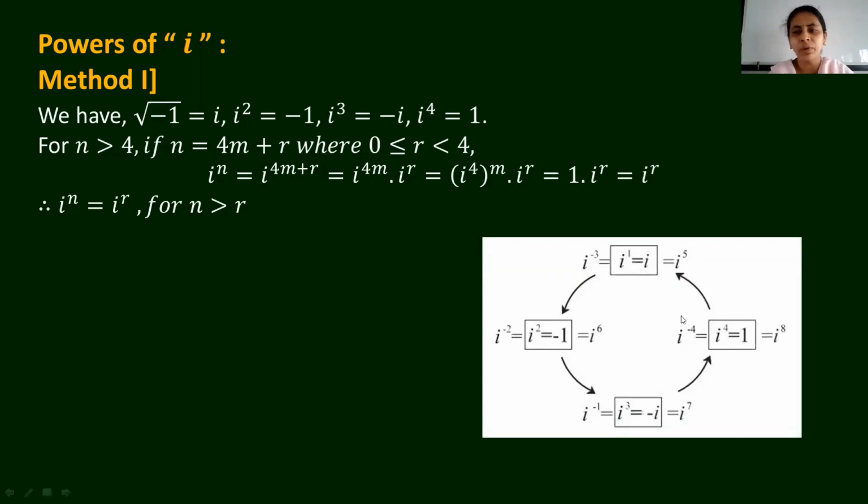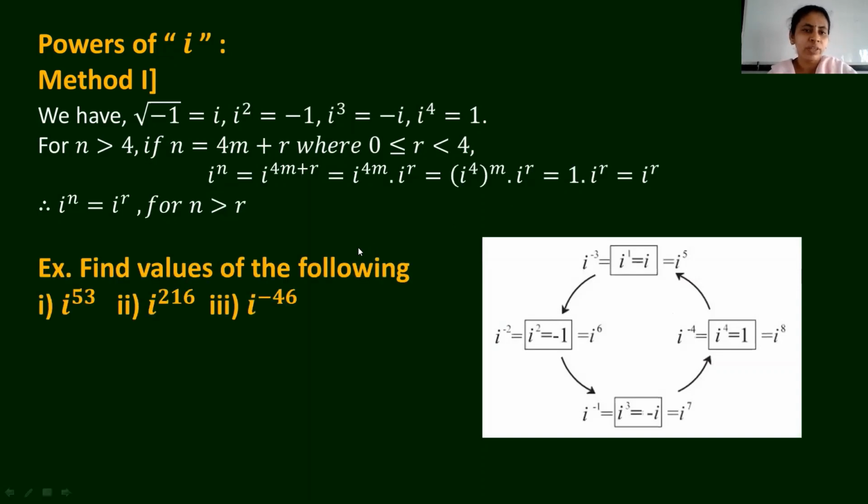If you go in the clockwise direction, then what will happen? i raised to -1 is equal to i raised to 3, i raised to -2 is equal to i raised to 2, i raised to -3 is equal to i raised to 1, and so on. i raised to -4 is equal to i raised to 0. Now let us see examples.